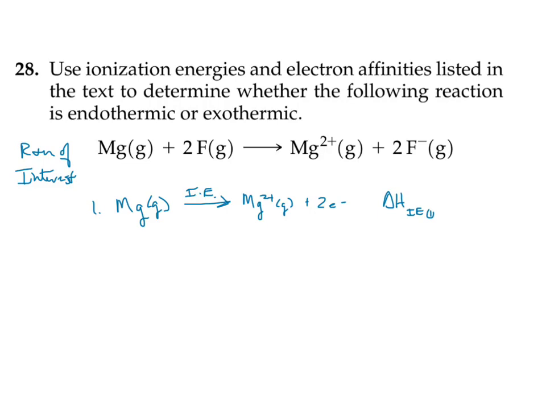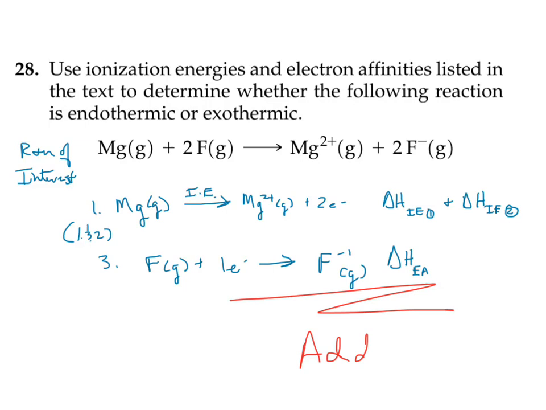We know magnesium forms a cation and fluorine forms an anion. So the question up here is, what if you take 1 mole of magnesium atoms and 2 moles of fluorine atoms, and make the cation and the anion? How much energy is going to be involved there?